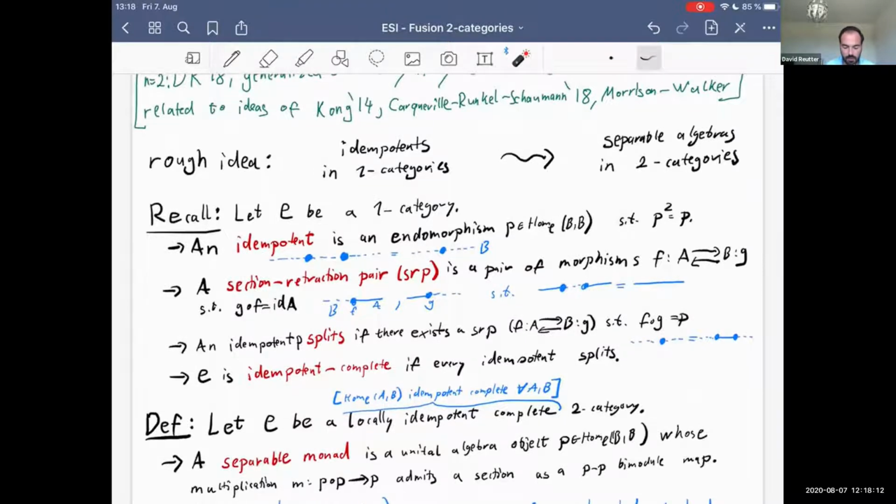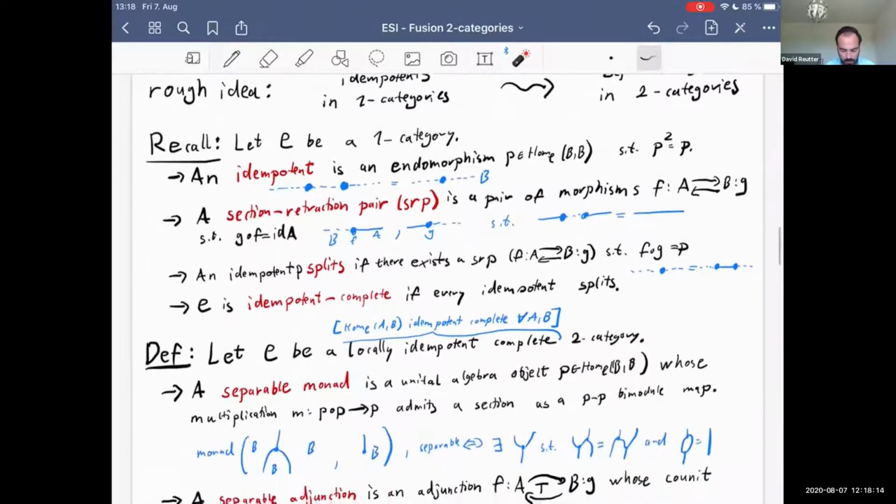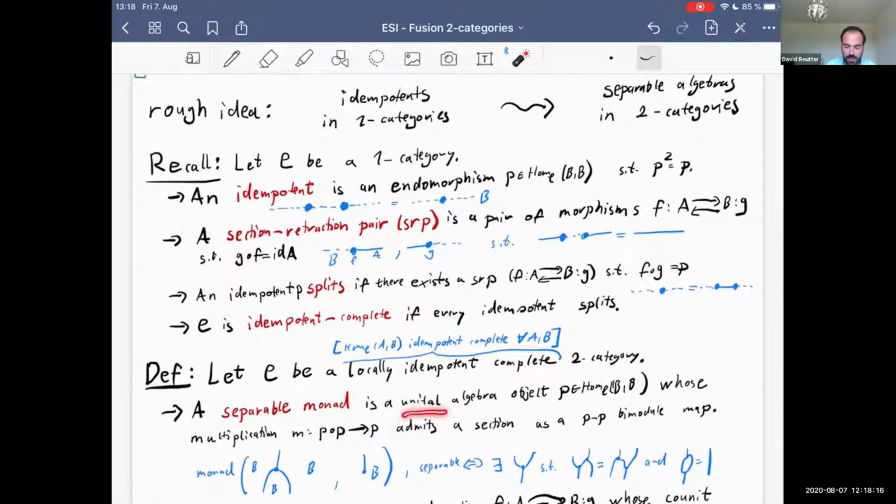Essentially what a separable monad is, let me also get the pictures up. A separable monad is a unital algebra object P in the endomorphism category of some object B, whose multiplication admits a section as a PP bimodule map. Here is a way to see this condition in pictures, again in the string diagrammatic calculus. Now we're in the 2-category, so we're drawing these planar pictures.